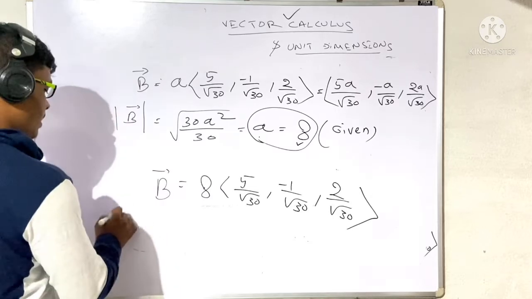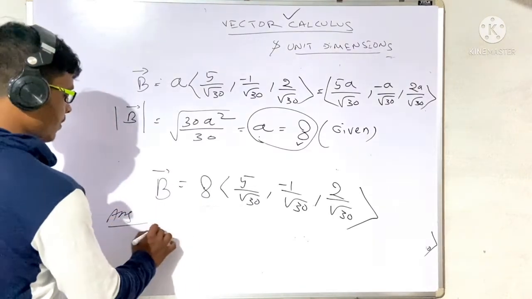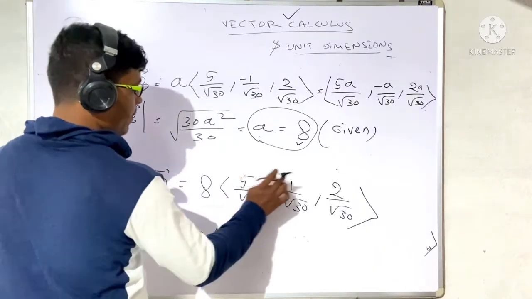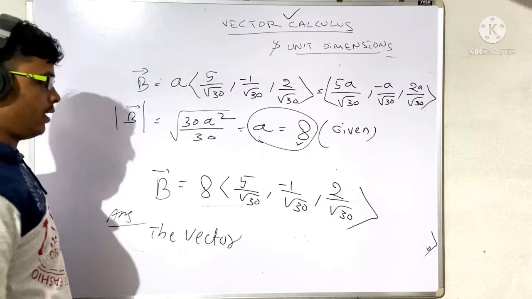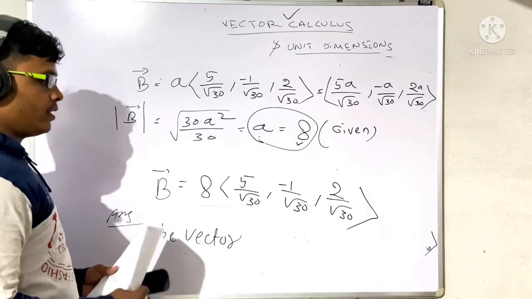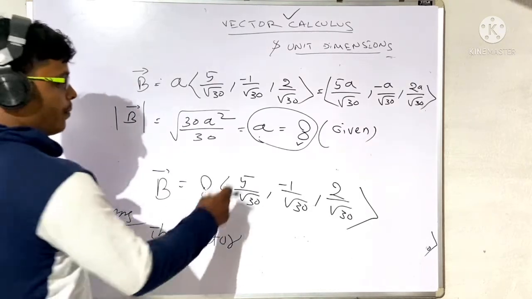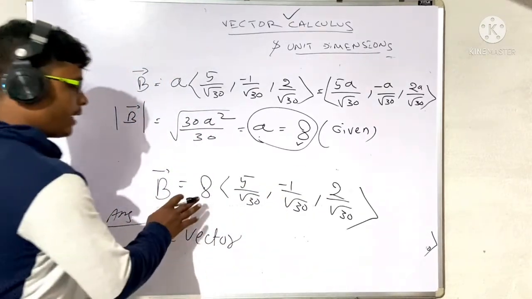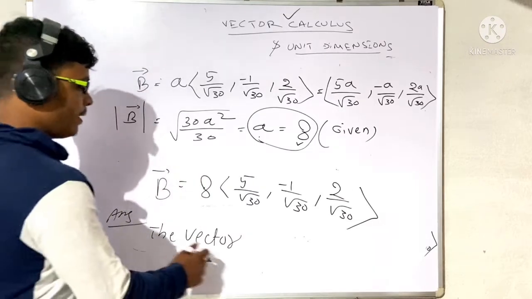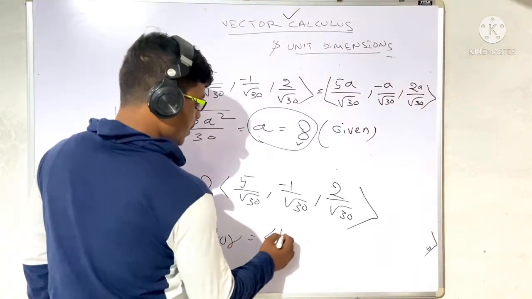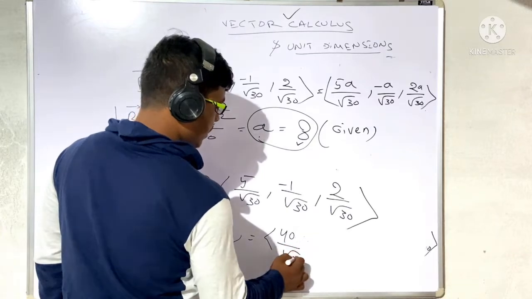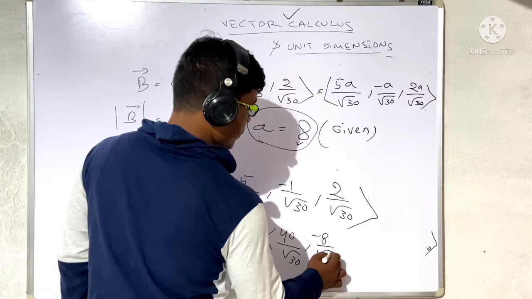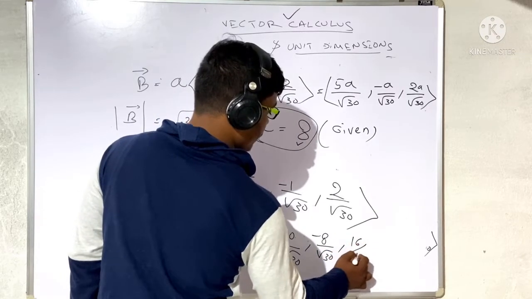So what is the vector that has the same direction as 5 minus 1 2 and magnitude 8? It is 40 by root 30, minus 8 by root 30, then 16 by root 30.